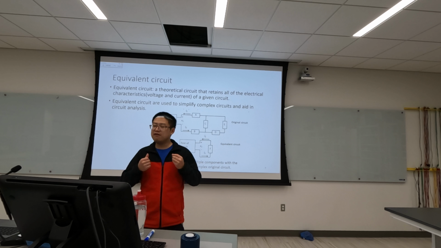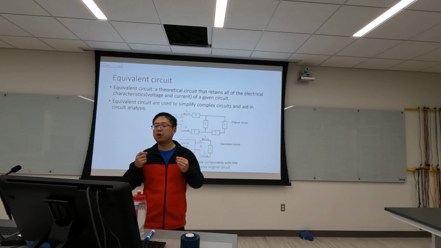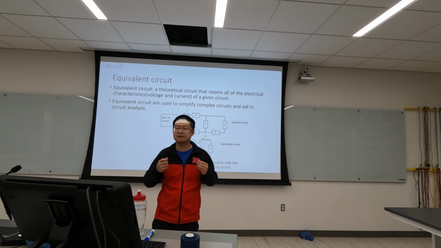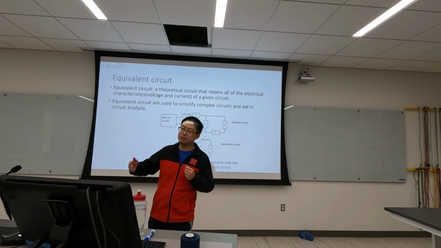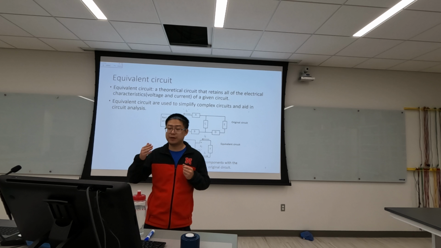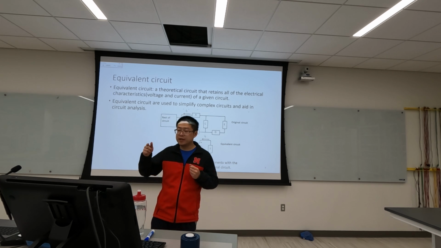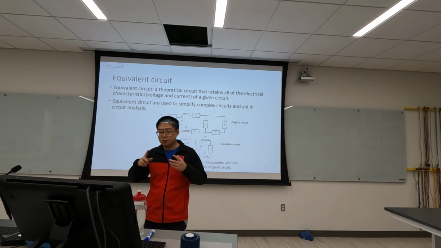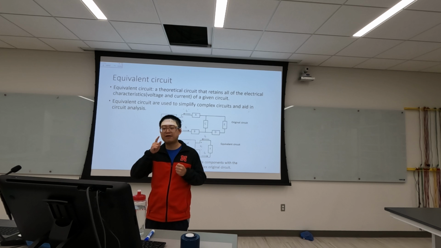So the equivalent circuit is a theoretical circuit that retains all of the electrical characteristics, which includes voltage and current, of a given circuit. So in the original circuit, we have 5 elements, and we have the voltage V1, I1, and I2. We can use one element to replace these 5 elements.